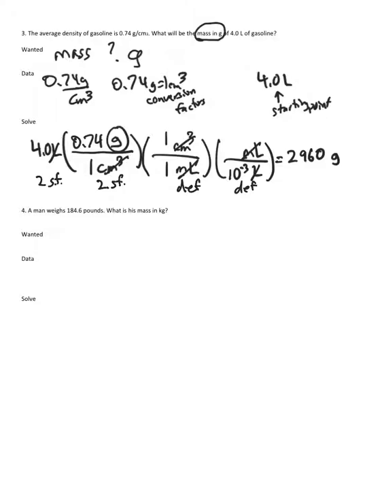So we're going to have 2 significant figures. So let's round this answer to 3.0 times 10 to the third grams. That's really the only way to reflect the 2 sig figs accurately, is to use scientific notation. So 3.0 times 10 to the third grams.